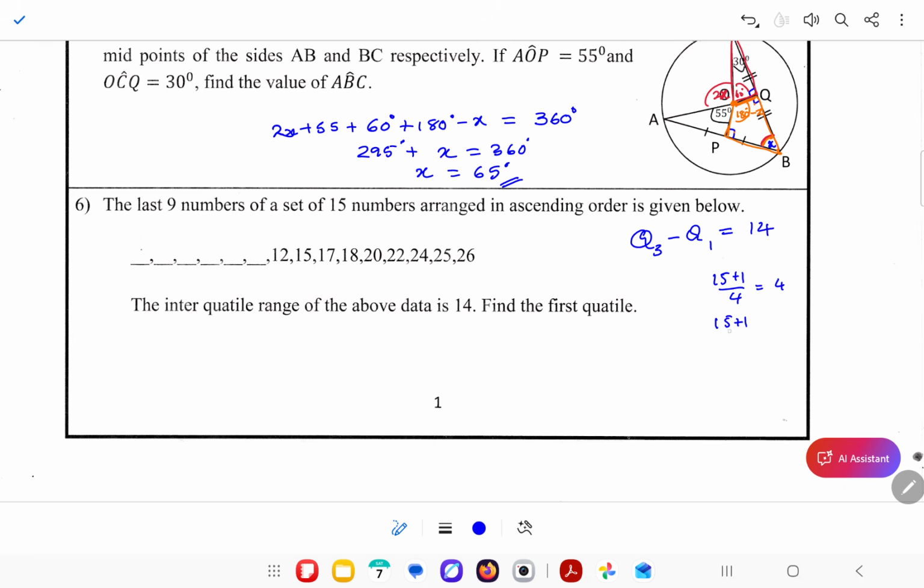Then the third quartile would be the 12th term. So Q1 is here, then 5, 6, 7, 8, 9, 10, 11, 12. So this is Q3. So we have found Q3. Now we can find Q1. Q3 is 22. So 22 minus Q1 is 14, the interquartile range. So Q1 is 8.